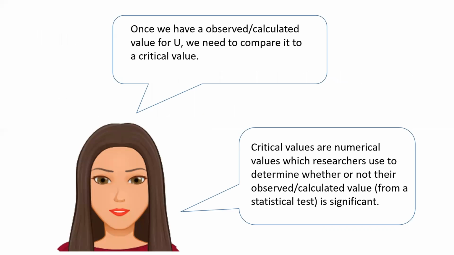Once we have the observed or calculated value for U, we need to compare it to a critical value. Critical values are numerical values which researchers use to determine whether their observed calculated value from a statistical test is significant.